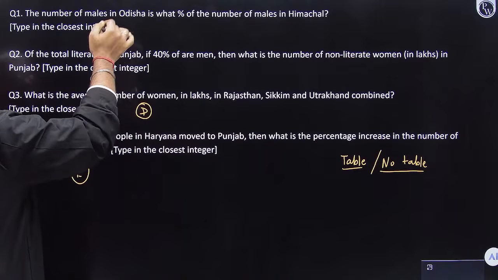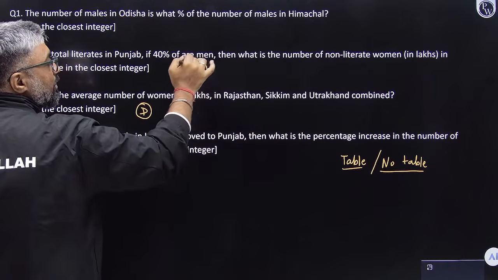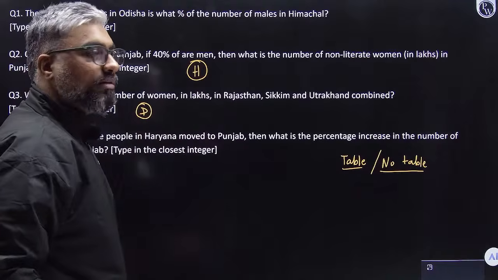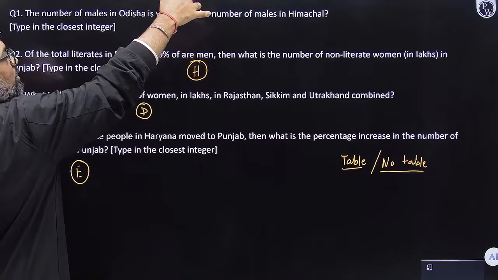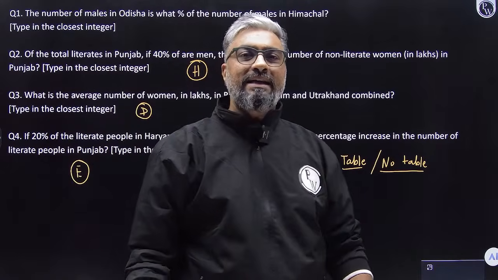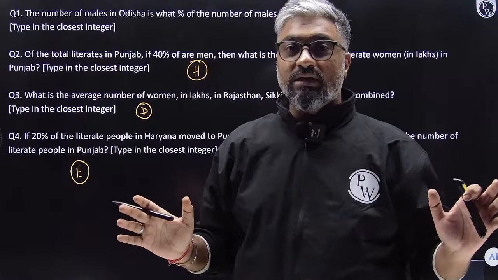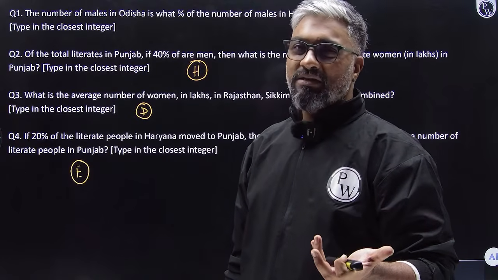How about this? Out of total literates, if 40% are men, that is hypothetical. Again, annoying. Here they're saying number of males in Odisha. So I only need males in Odisha and males in Himachal. Why do I need all 35 calculations? We don't need it.